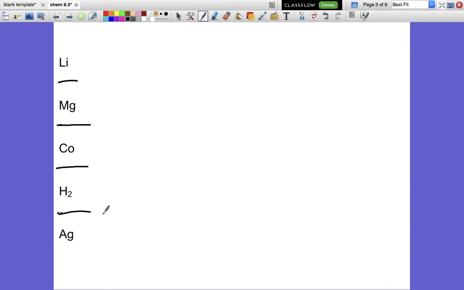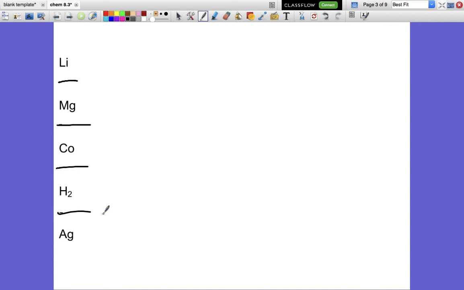Magnesium's the head of the next group, cobalt's the head of the next group, and hydrogen's at the top of that fourth group. Silver's at the top of the bottom group. So each one of those elements just represents a group. Lithium's group is the most active, at the top, and silver's group is the least active, all the way down at the bottom.